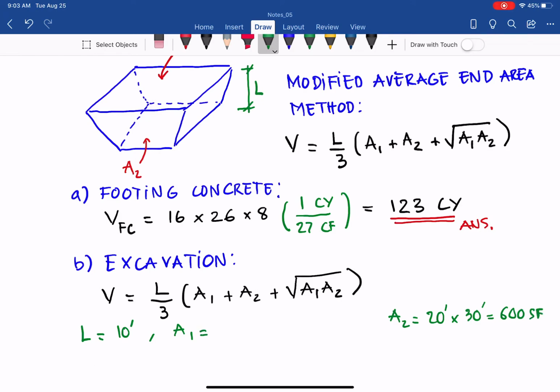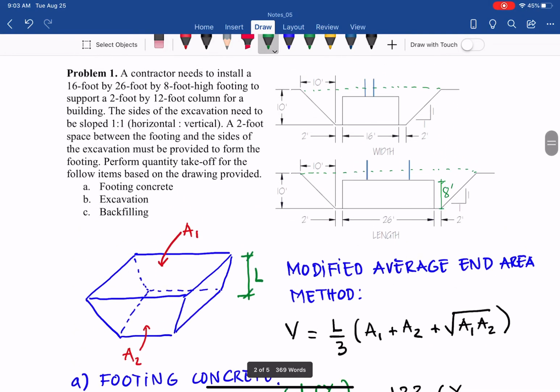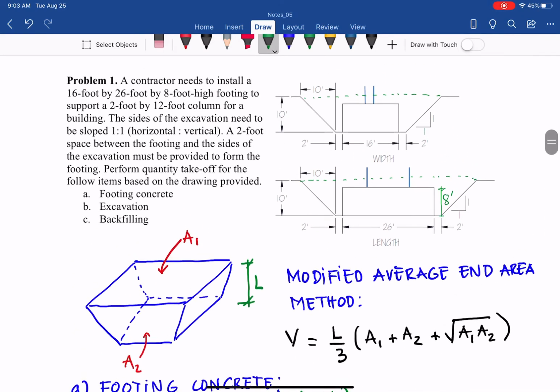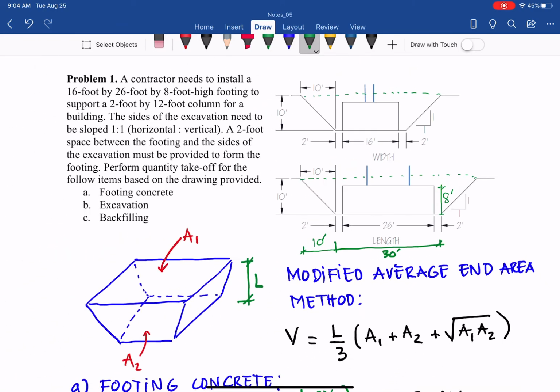For A1, the top one, what do we have? Let's get this side, from here to here is 30, and that one at 1 to 1, so horizontal 1, vertical 1. So the 10 vertical, then horizontal has to be 10.